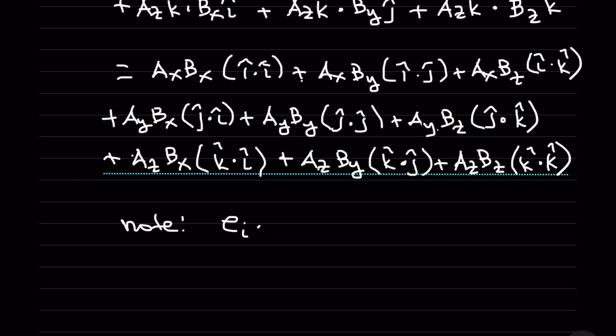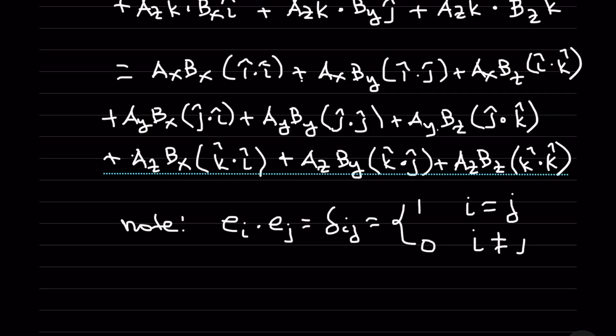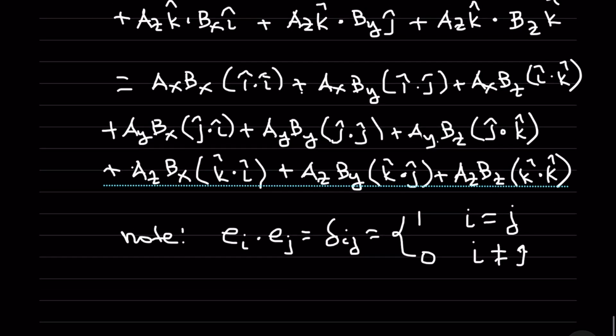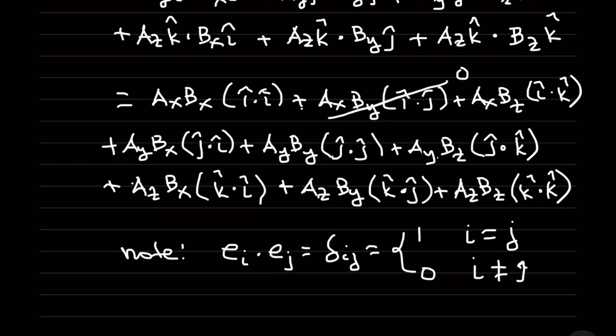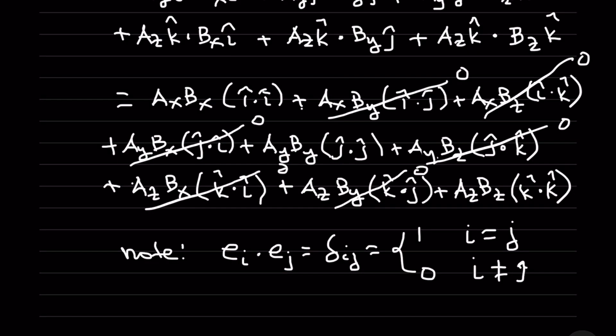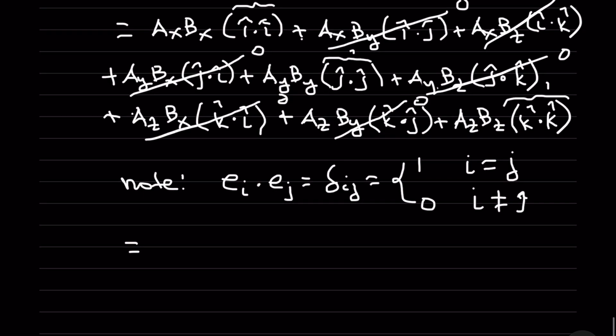All right. So we take note that the dot product of two unit vectors is equal to the Kronecker delta, delta_ij. It could be 0 or 1 depending on whether i is equal to j or not. So you could see that we can cancel many terms here, while for other terms, the dot product of a unit vector with itself is equal to 1.